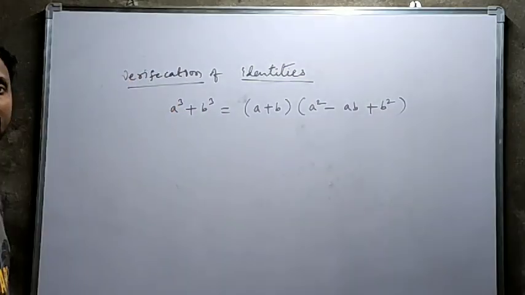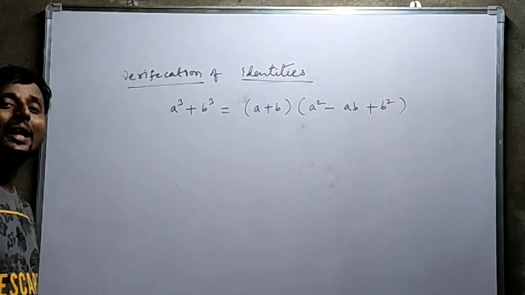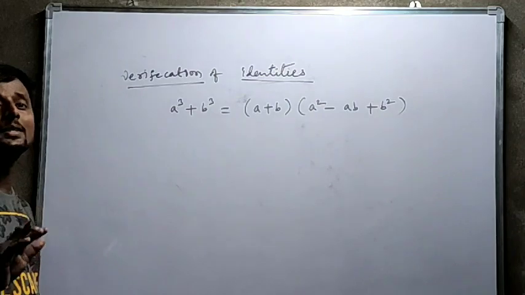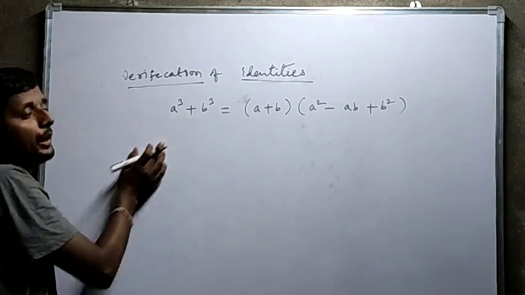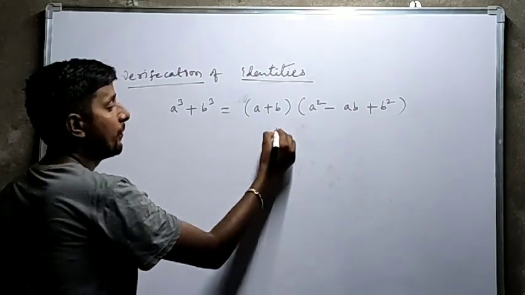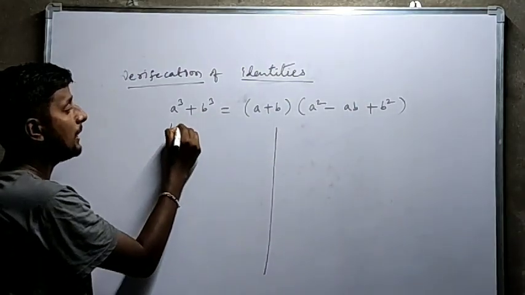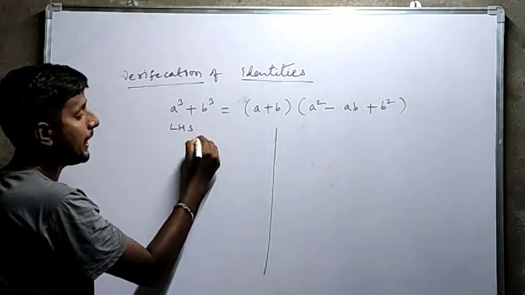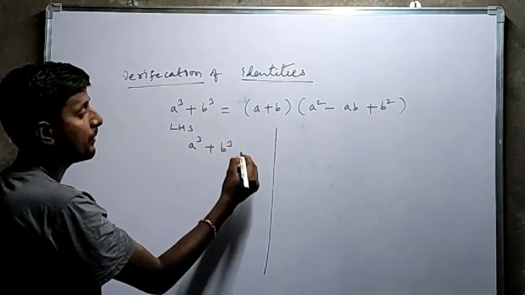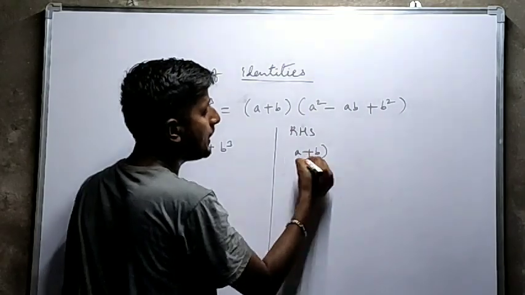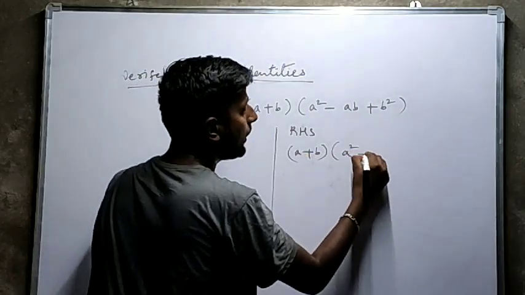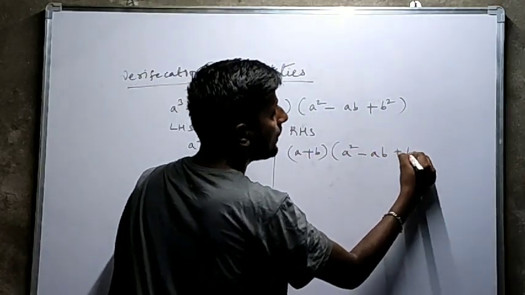How to verify the identities? Do you know? Take any non-zero integer in the place of a and b, then you can show it. What is the LHS value here? LHS value is a cube plus b cube. What about RHS? RHS is equal to a plus b into a square minus ab plus b square.